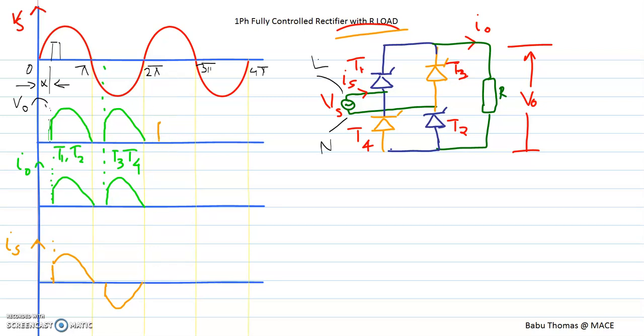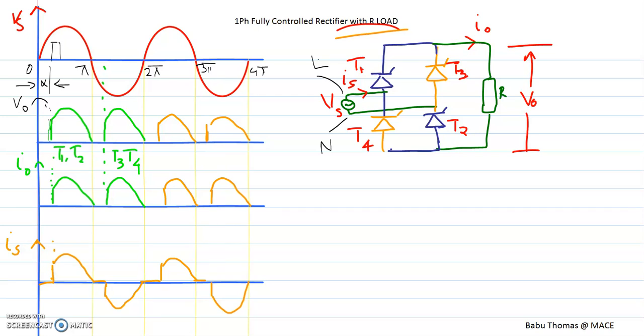You can also complete the duration like this. So this is how we finish off with the working principle of a fully controlled rectifier with a resistive load.